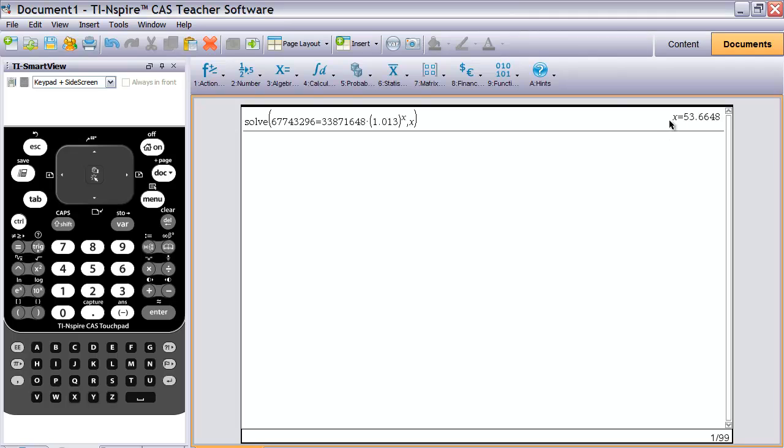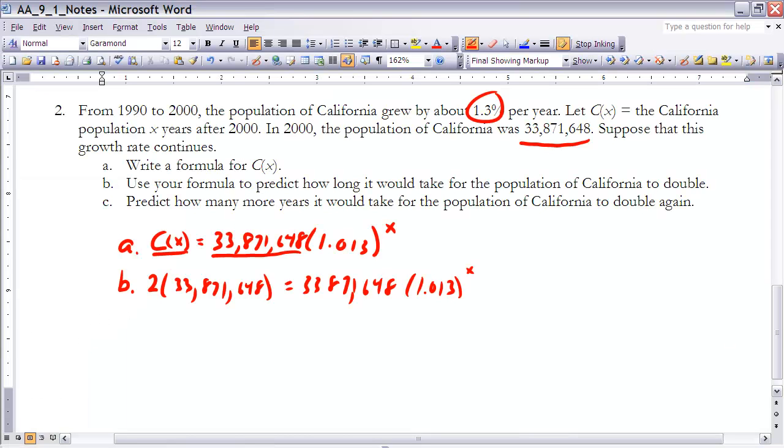If I do that, I get 53.6648, which means that x is approximately equal to 53.7 years.